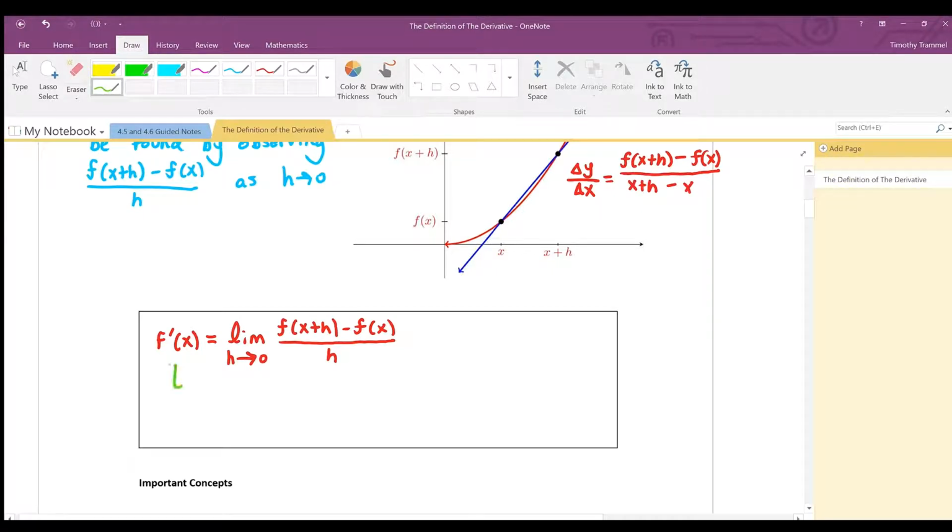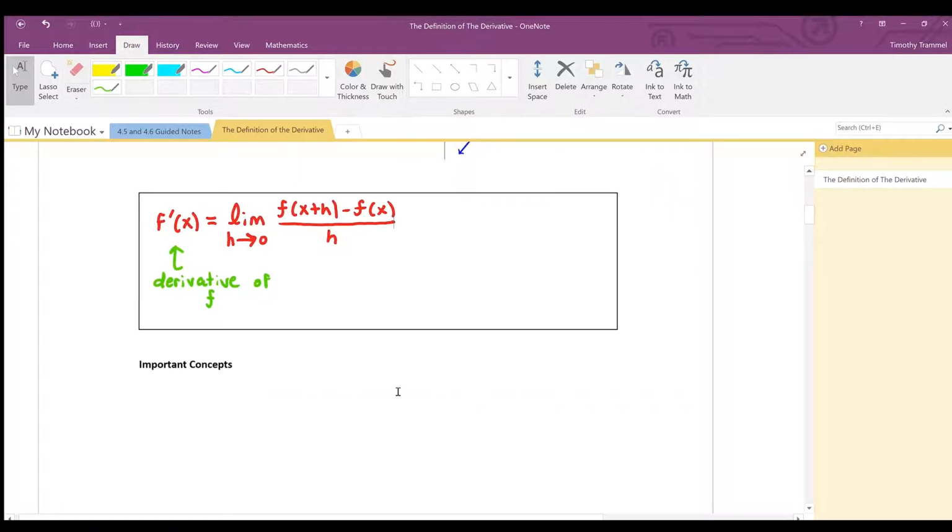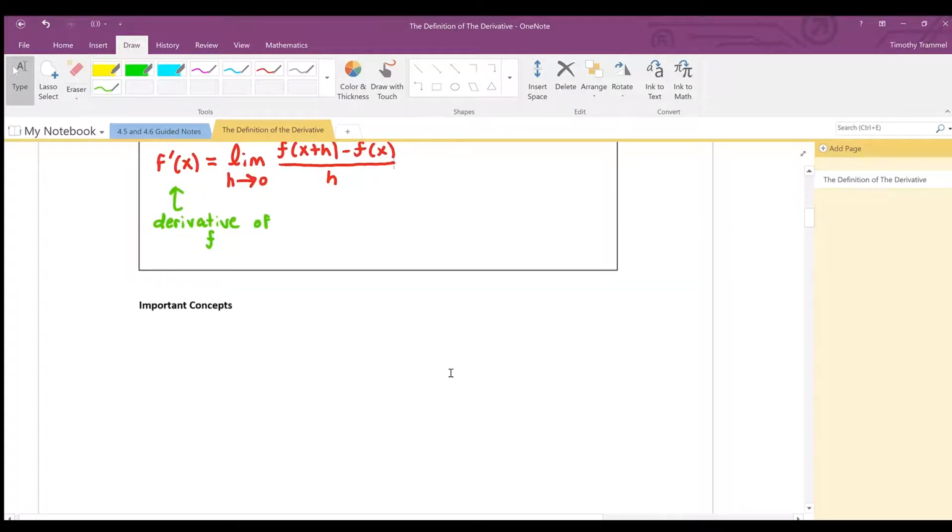One, this is our notation for the derivative of f. And again, the derivative of f is found by just taking this limit here. And then the other thing, we'll write on the next page. We'll just leave it at this. And by the next page, I meant right here.